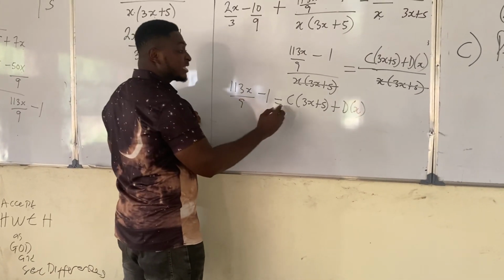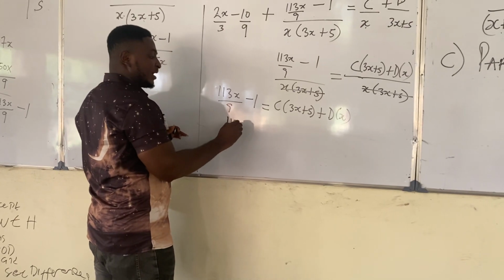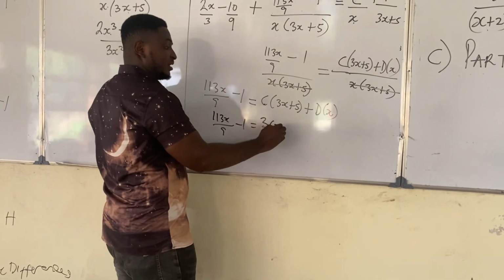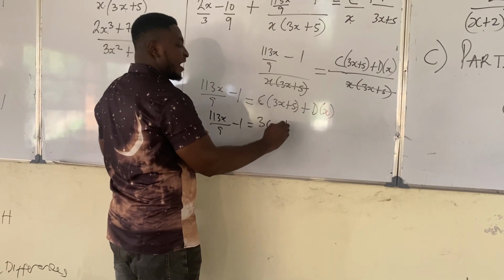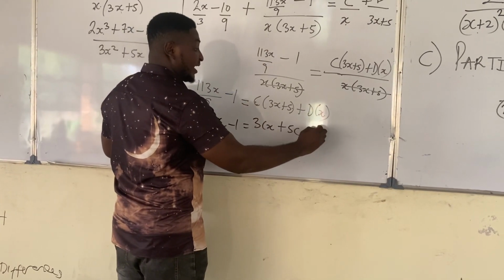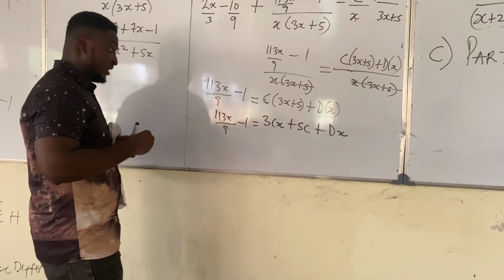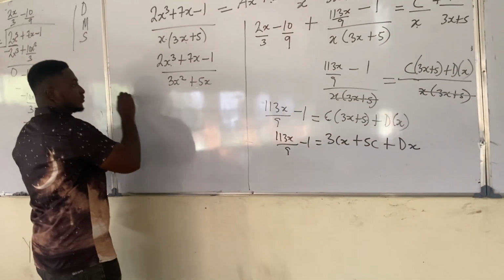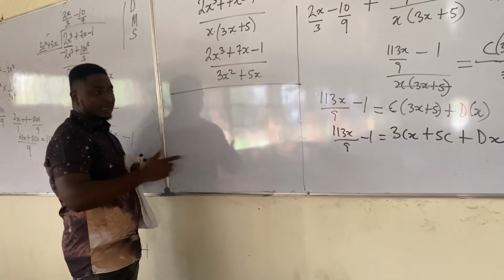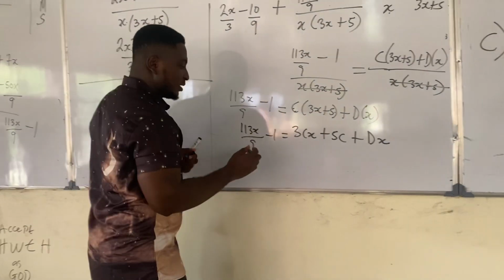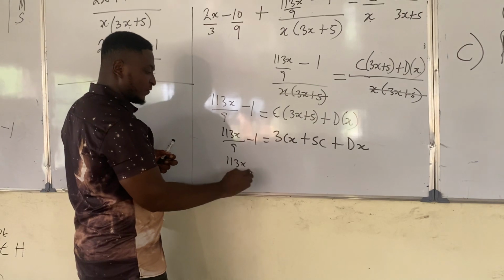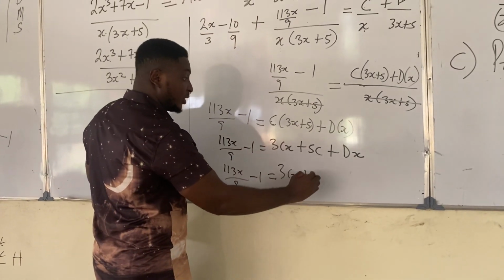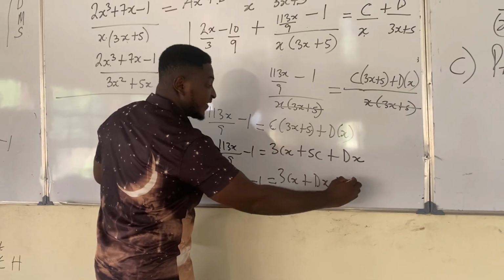They are doing well. Now, let's expand the bracket. 113x over 9 minus 1 equals C times 3x, 3Cx, C times 5, 5C, plus Dx. Okay, let's finish this, exhaust this space. So this 113x over 9 minus 1 equals 3Cx plus Dx plus 5C.